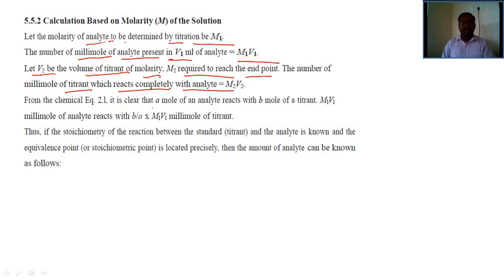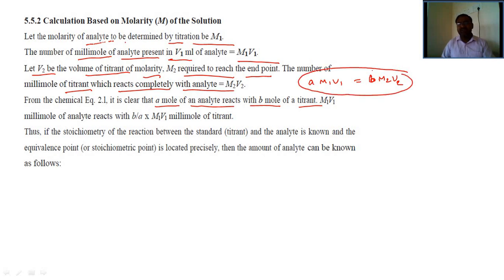It is clear that A M1V1 equals B M2V2. Here A moles of analyte react with B moles of titrant. The stoichiometry equation is written in the form A M1V1 equals B M2V2.